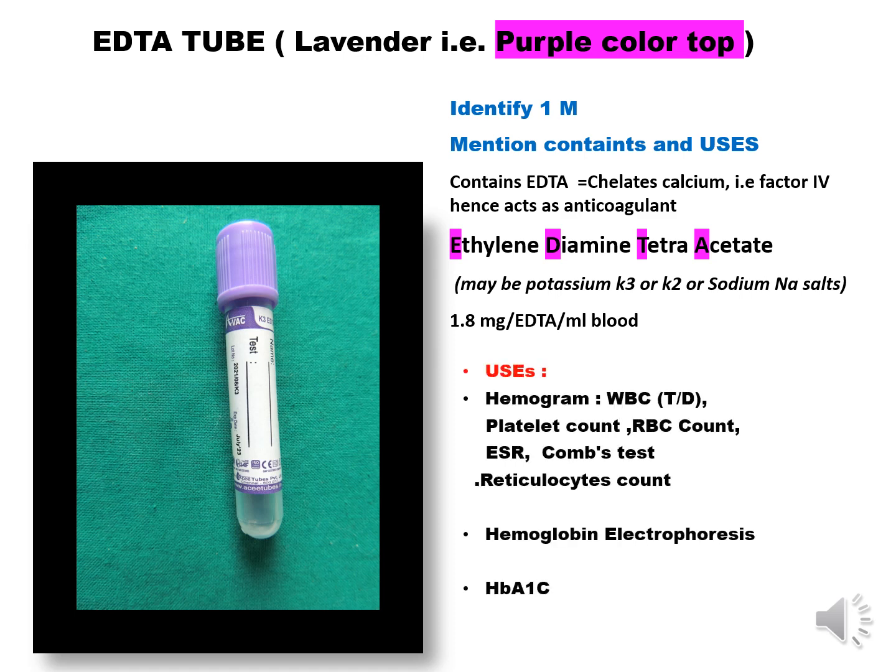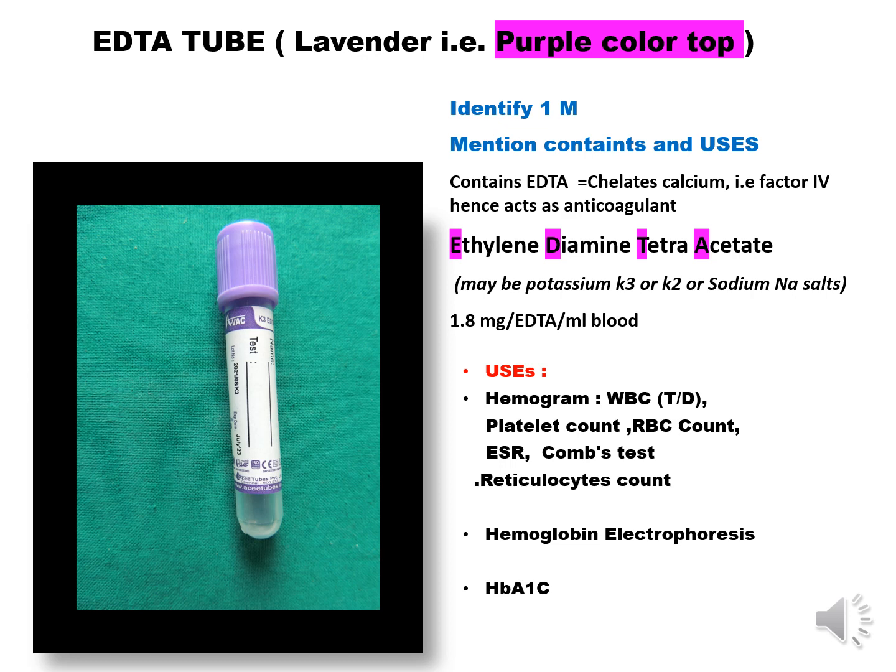What are the uses? Remember, the EDTA tube is the most frequently used tube in any clinical pathology or hematology laboratory because it is used for hemogram. There are multiple parameters in a hemogram like WBC total and differential count, platelet count, RBC count, ESR, Coombs test.